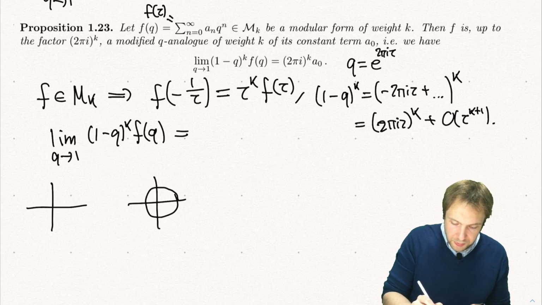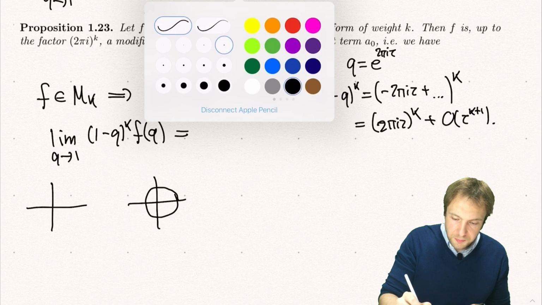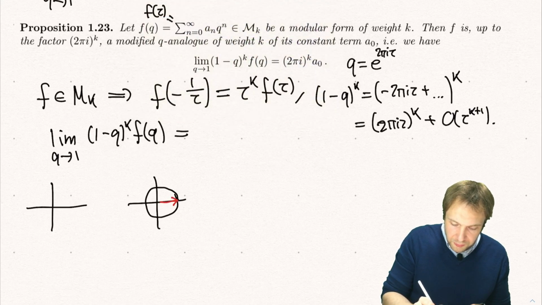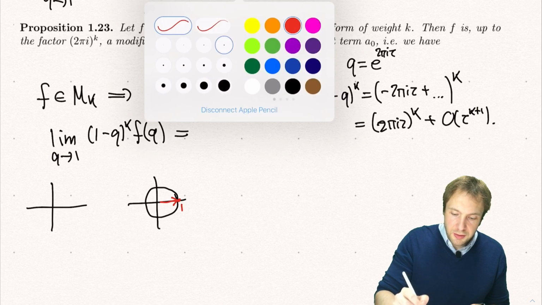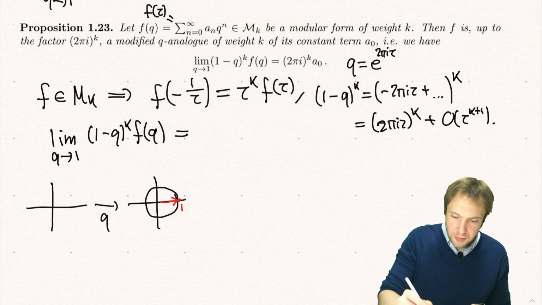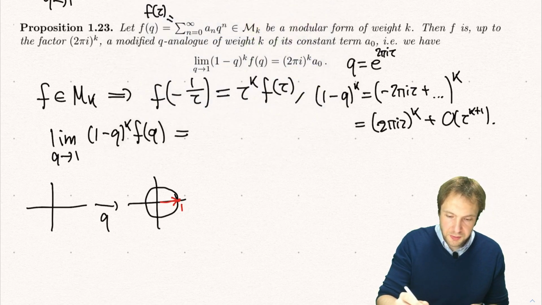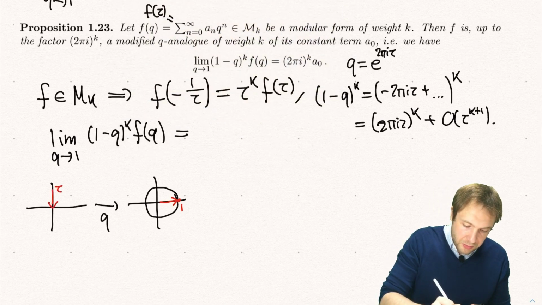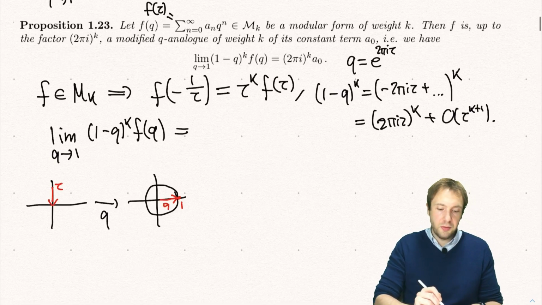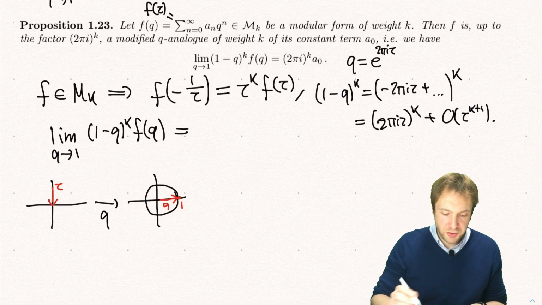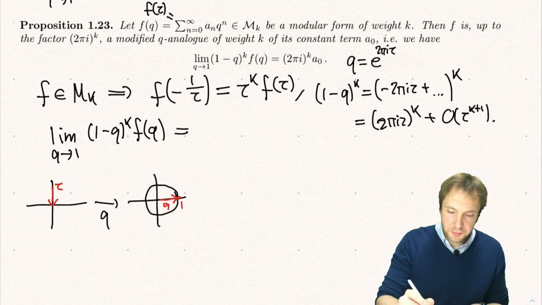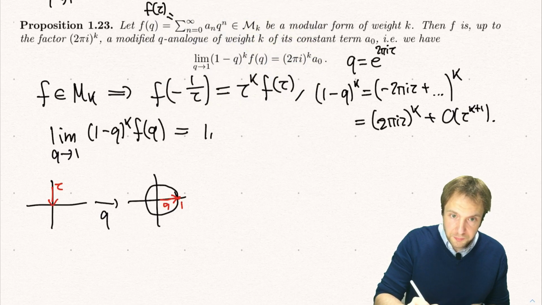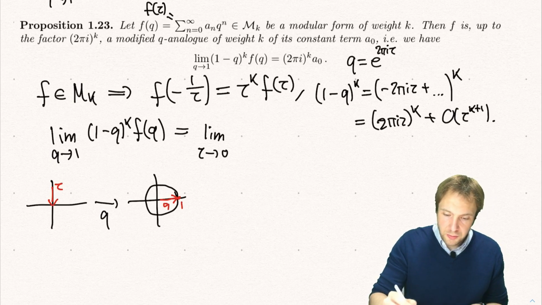So here we are in the unit disk, and q goes to 1 means q goes here to 1, and this map q was a map from the upper half plane to the unit disk, and in the upper half plane this corresponds to tau going to 0 on the imaginary axis. So in other words, this is the same as tau goes to 0, and now we can use this here.